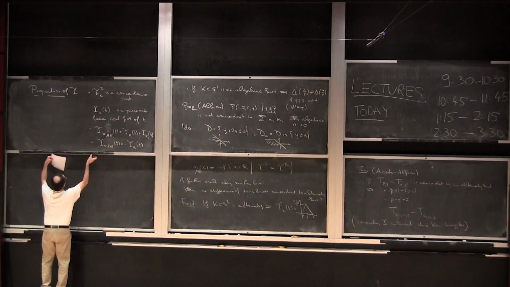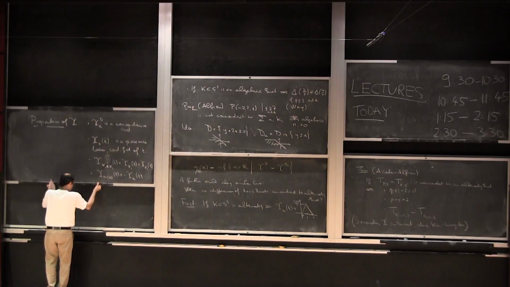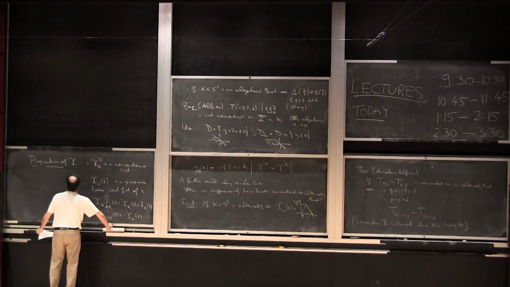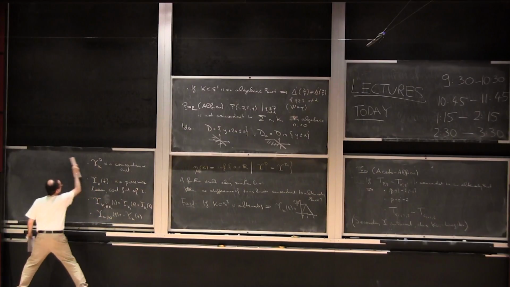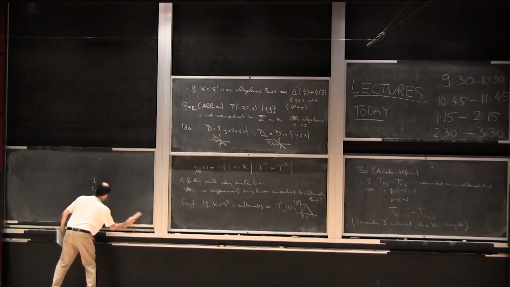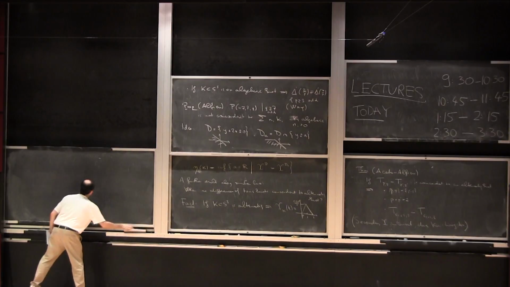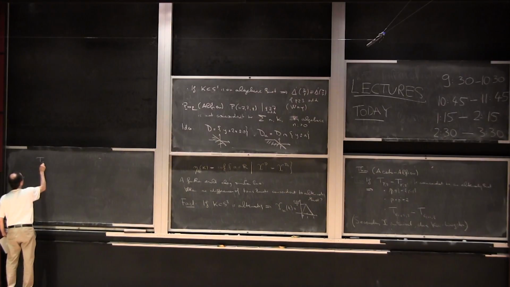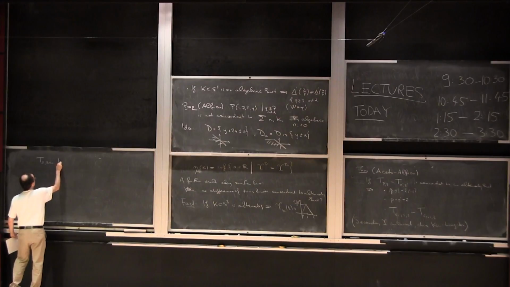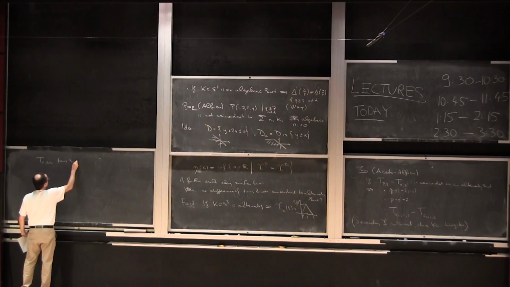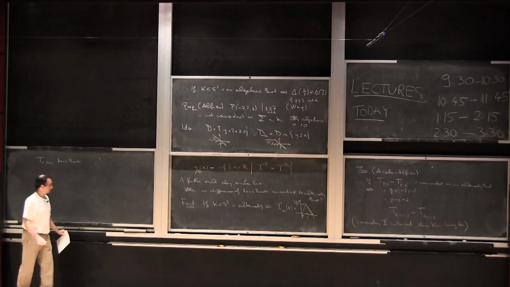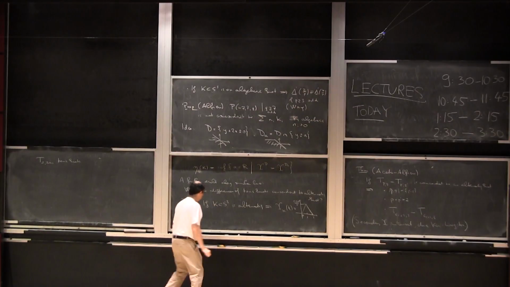Consider the family of (2, 2n+1) torus knots. And let's do some calculation for these guys.